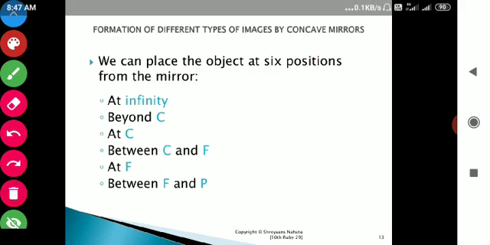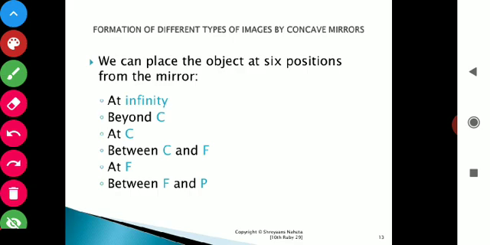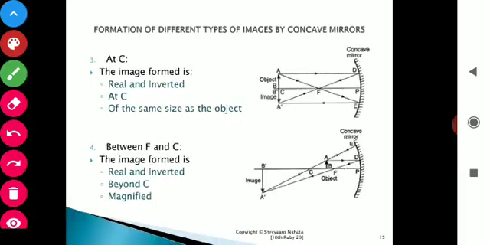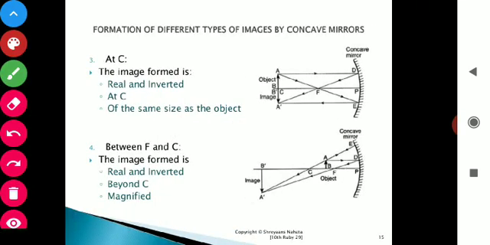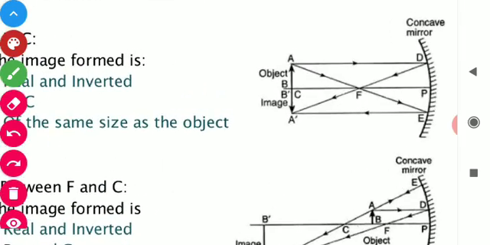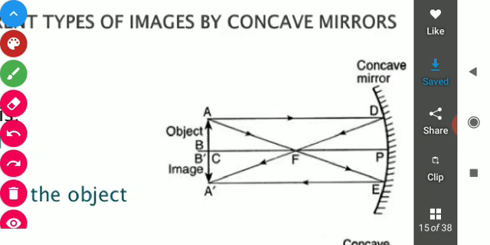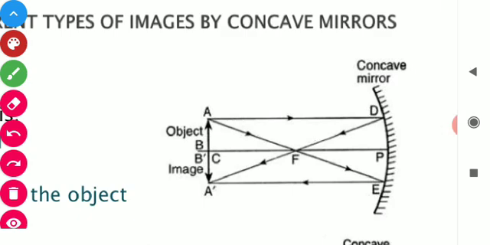Now if you make this diagram neatly with the help of a scale, you will get that your image will be formed at the center of curvature where the object was placed. So the position of object and image will be the same. As you can see in this diagram, we placed the object AB at the center of curvature.